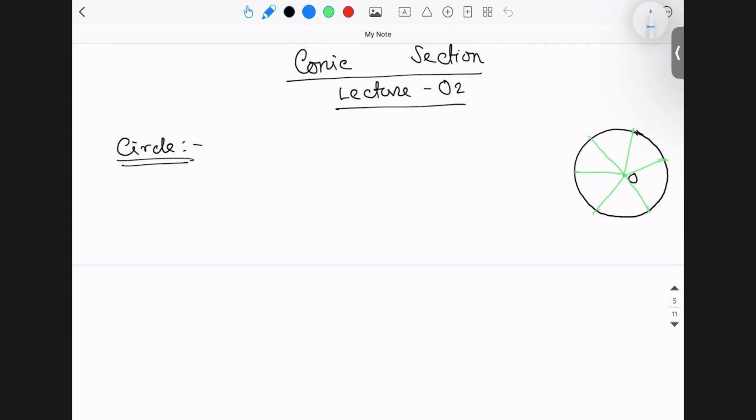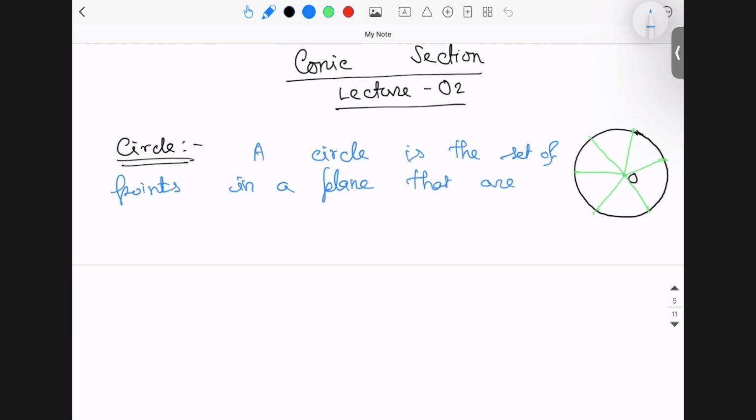So by definition, what is the definition? A circle is the set of points in a plane that are equidistant from a fixed point in the plane.